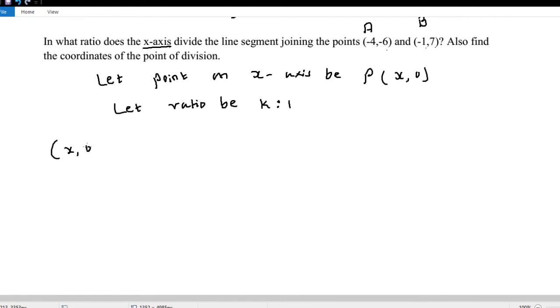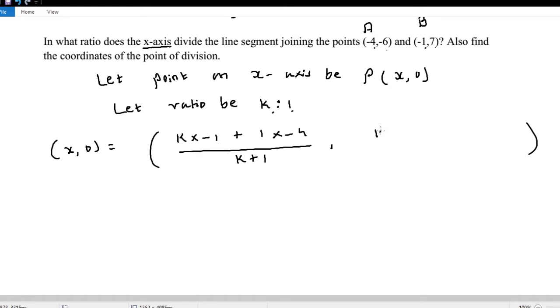So by the section formula we will get (x, 0) is equal to k into x2, which is -1, so k into -1 plus 1 into x1, which is -4, upon k plus 1.